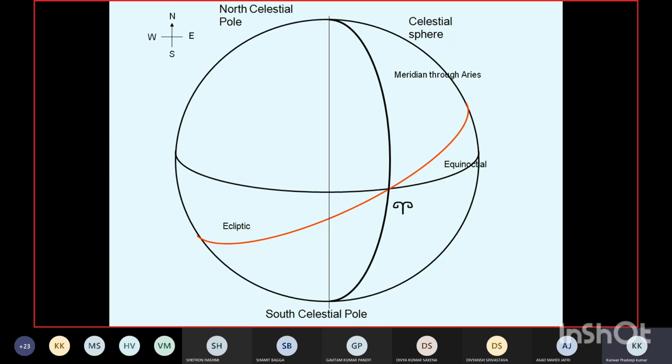With the Greenwich meridian as the reference point, I could measure the Greenwich hour angle measured westwards. Now I have another reference point called the first point of Aries. So, meridian through Aries.